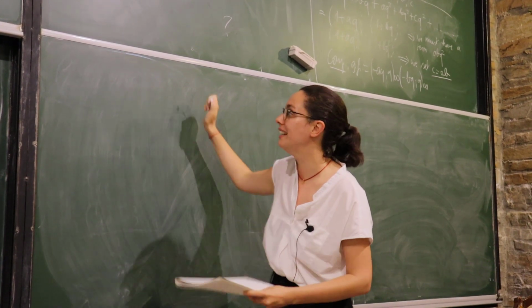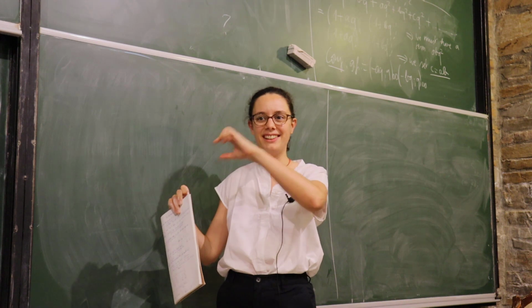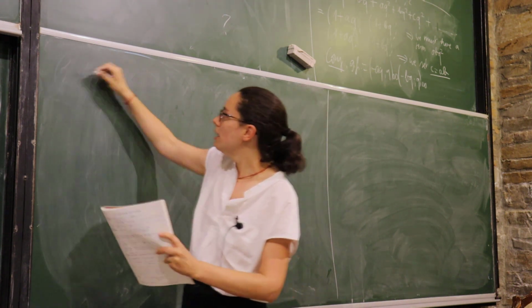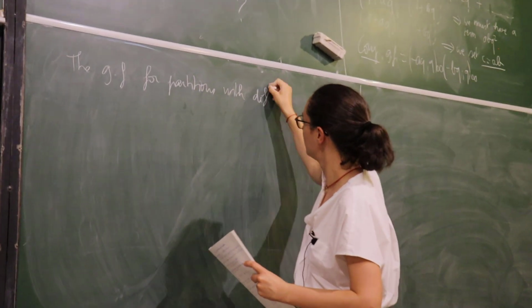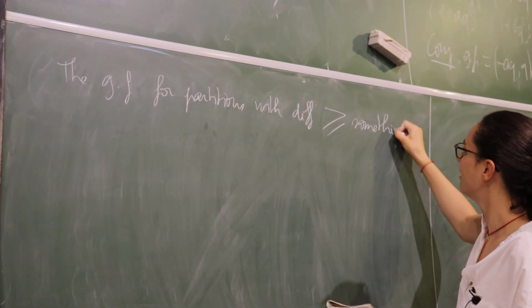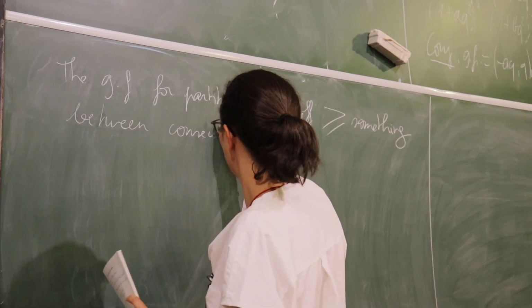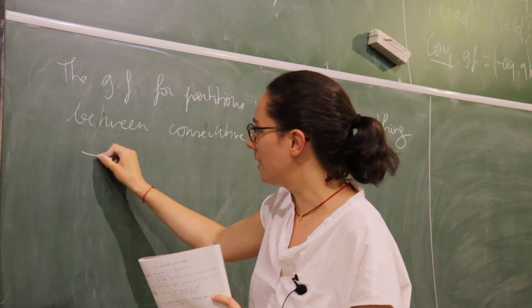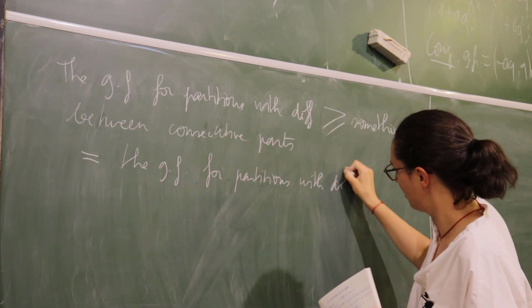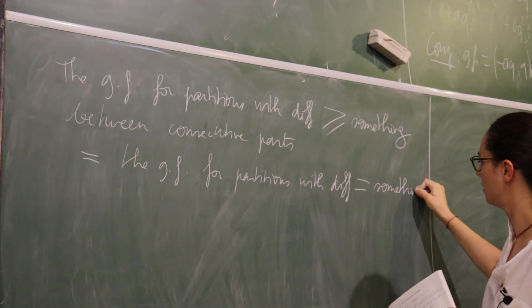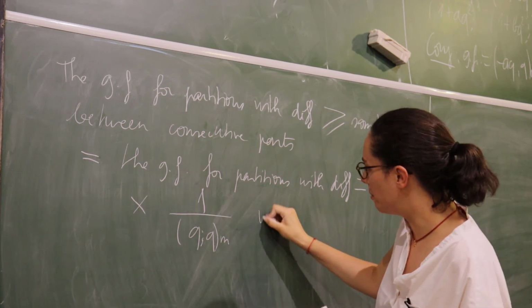So what they do here is that they use the idea that, just like for Rogers-Ramanujan, when you decompose as a staircase with difference exactly 2 and a classical partition, the generating function for partitions with difference at least something between consecutive parts equals the generating function for partitions with difference exactly something, times 1 over (q)_M, let's say M, I don't know, where M is the length of the partition.